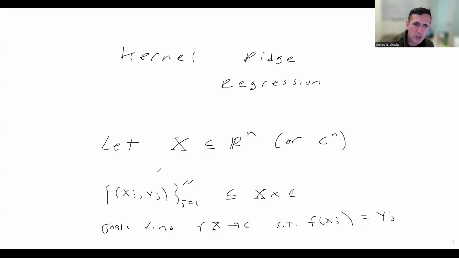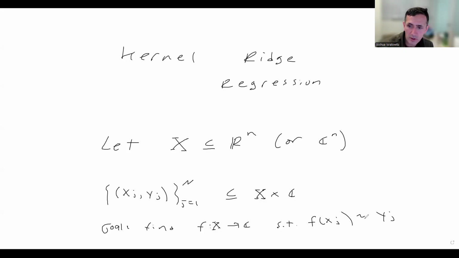And we don't want this for just our training data, but for all inputs and outputs, for all future data that we're given. That's too much to ask, but we want this to be roughly true.